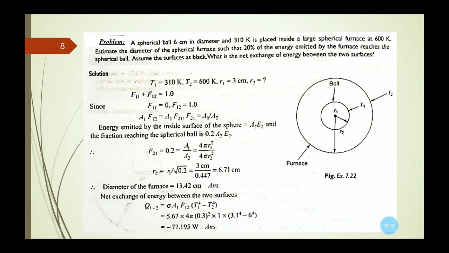Now the energy emitted by the inside surface of the sphere is A2E2, and the fraction reaching the spherical ball is 0.2 A2E2, because in this question it is given that 20% of the energy emitted by the furnace reaches the spherical ball. So F21 equals 0.2 equals A1 by A2. The formula for the area of these spheres you can write here. Ultimately we can calculate the radius of the large spherical furnace, which comes as 6.71 centimeter.